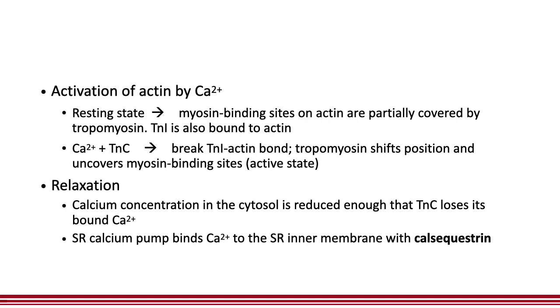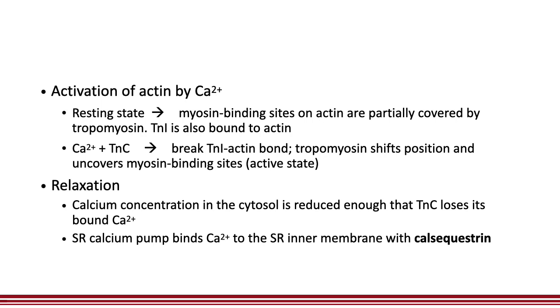Okay, now in the normal resting state, we know that actin is prevented from interacting with myosin due to the presence of tropomyosin. Now when the calcium ions that were released from the sarcoplasmic reticulum start to attach to troponin C, this will facilitate a change in the conformation of the troponin-tropomyosin complex, and they will facilitate the exposure of actin to myosin.